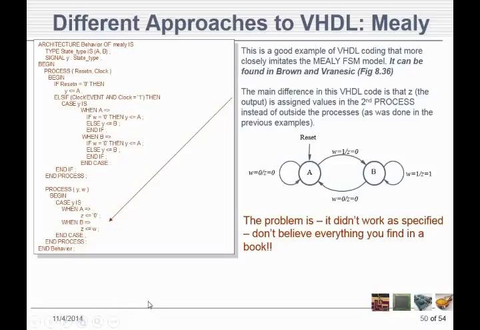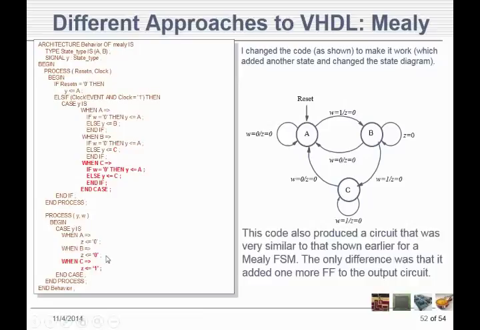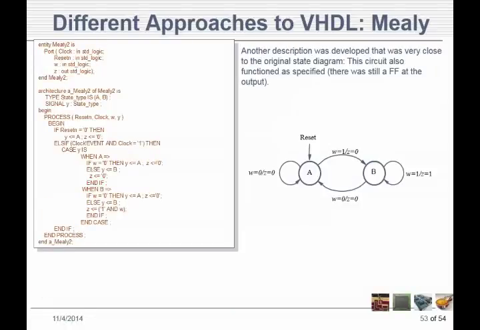So there was something wrong with this code. And since I don't really like Mealy all that much, I never went in and looked at it too close. So I put it back to C, put it back in the Moore machine, and it worked out a little bit better. Maybe I did fix it. I think this one worked.